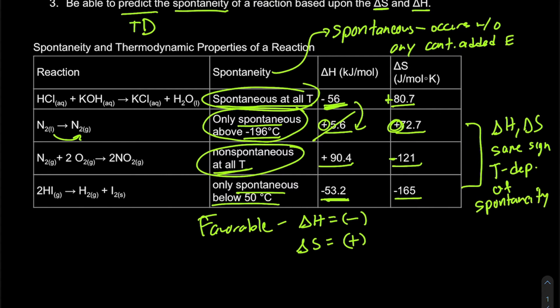Hopefully we have the ability to identify why there's this relationship between the spontaneity of the reaction and our delta H and delta S values. There are important contributions of our delta S and our delta H to our reaction. Now, these different variables are included in our 3 laws of thermodynamics.